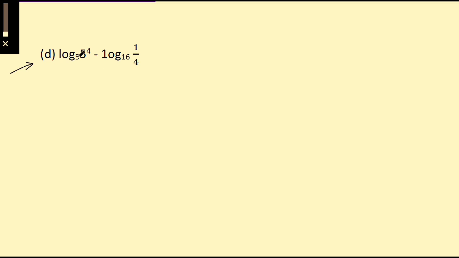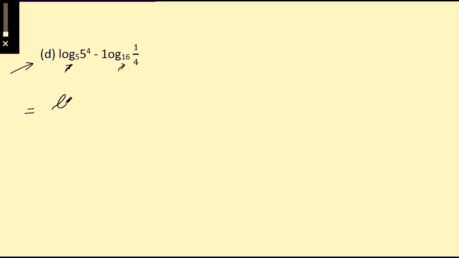Here question D, we have log 5 to the power 4 to the base of 5 minus log 1 over 4 to the base of 16. First, we should take the power from the argument so that it will become the coefficient of log.